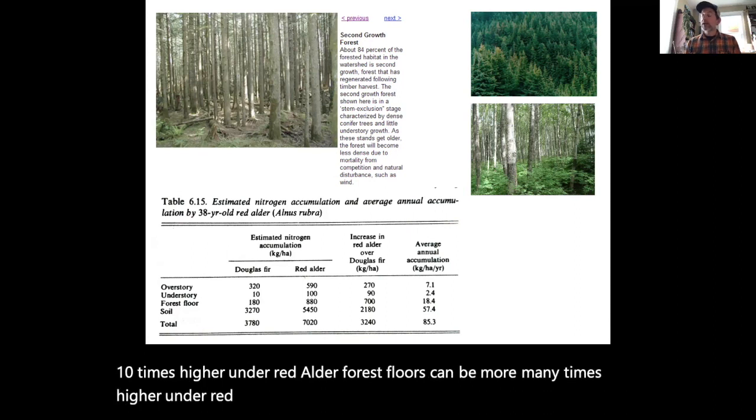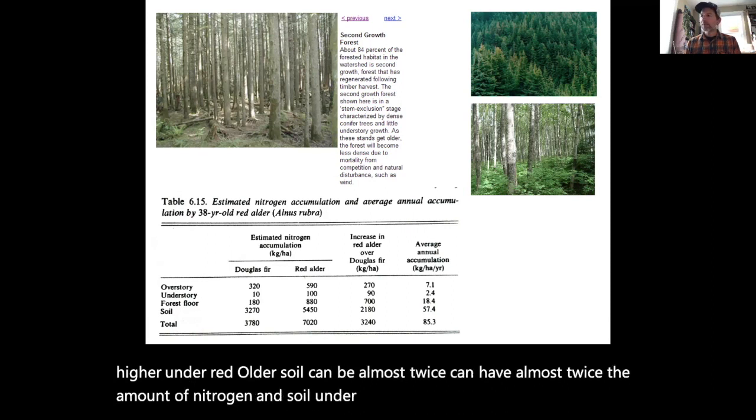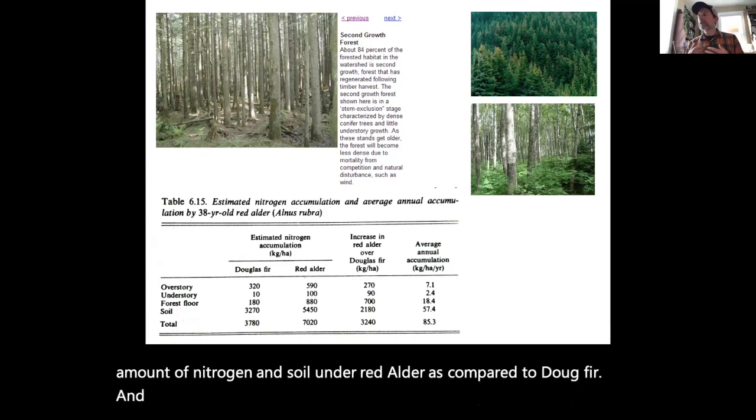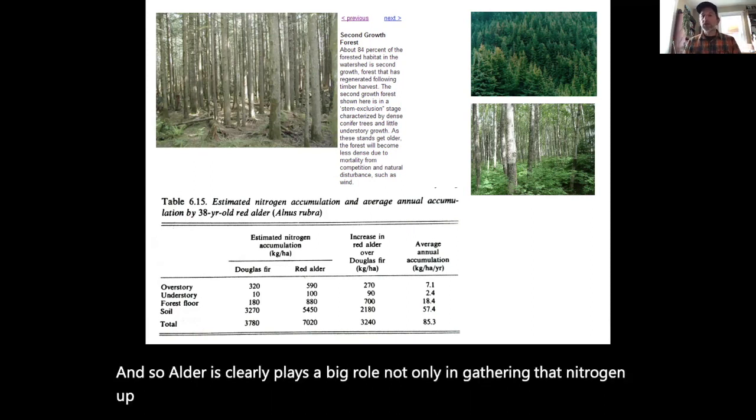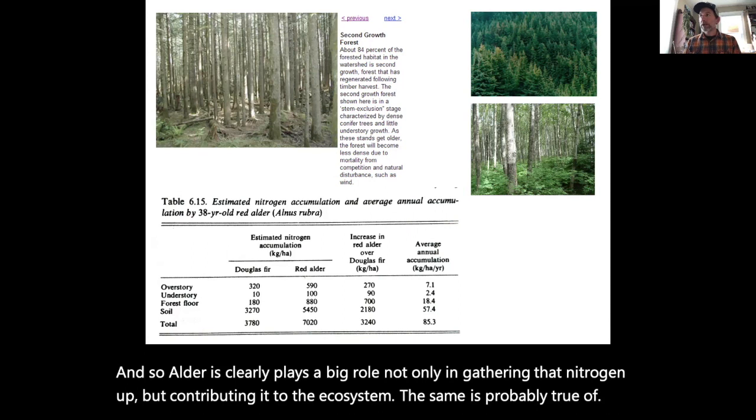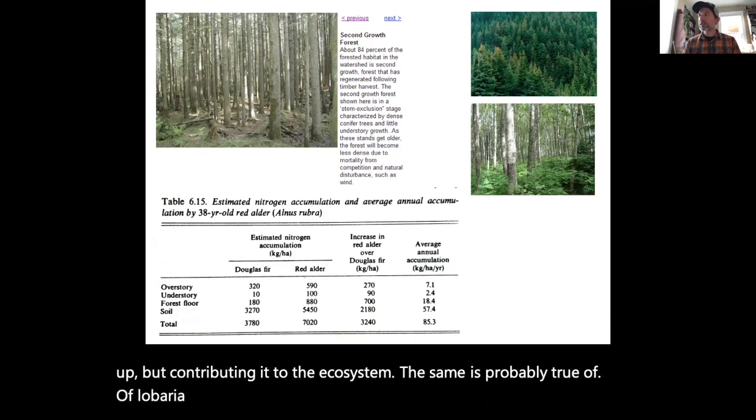Soil can have almost twice the amount of nitrogen under red alder as compared to Doug fir. And so alder clearly plays a big role not only in gathering that nitrogen up, but contributing it to the ecosystem. The same is probably true of Lobaria and other species that fix nitrogen in ecosystems.